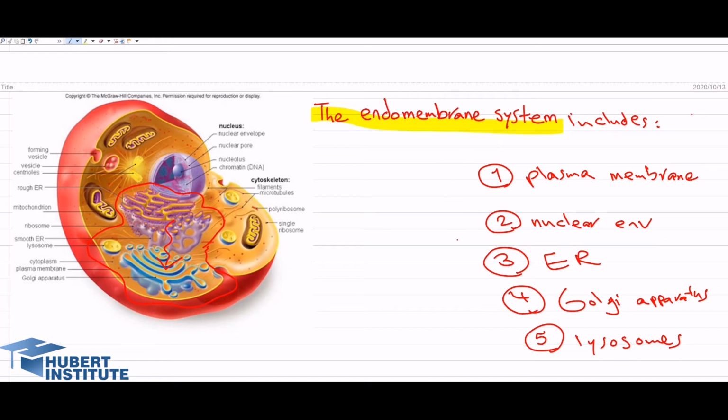All of these membranes, and the membranes around these three organelles, are phospholipid bilayers.